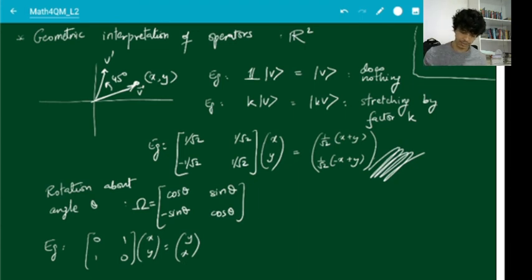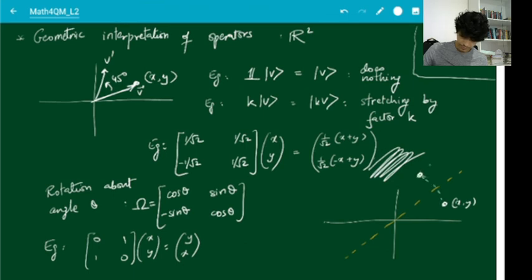It is not a rotation. It is a reflection about this 45 degree line. So any point which is over here and has coordinates x comma y, it will reflect it about it and bring it over here where its coordinates are y comma x. So this is a reflection.